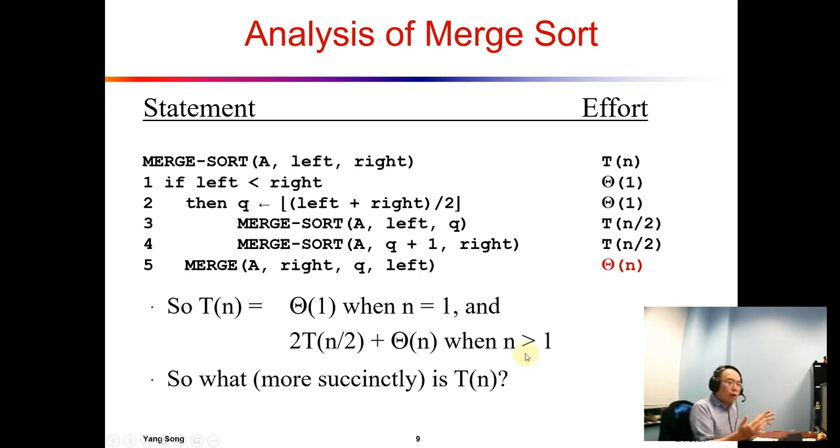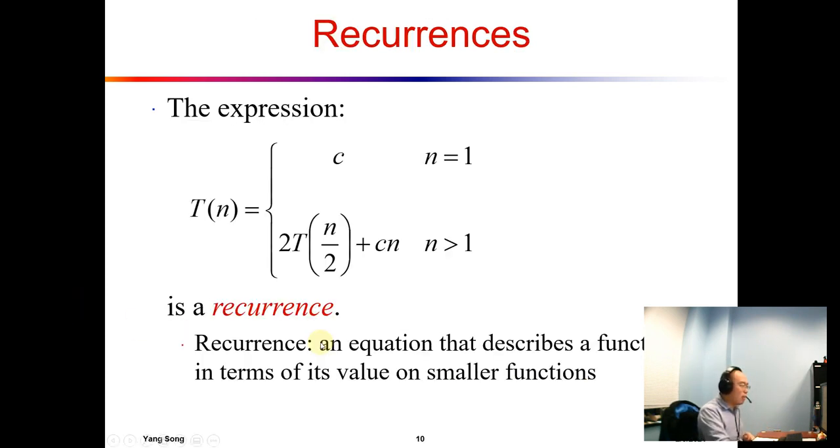Okay, that T(n) is a little bit weird. Remember, our goal is we want to have a polynomial as T(n), but now what is that? The definition of T(n) is more like a conditional structure, and when n is greater than 1, it is also a recursive definition of T(n). And I don't like that. Why?